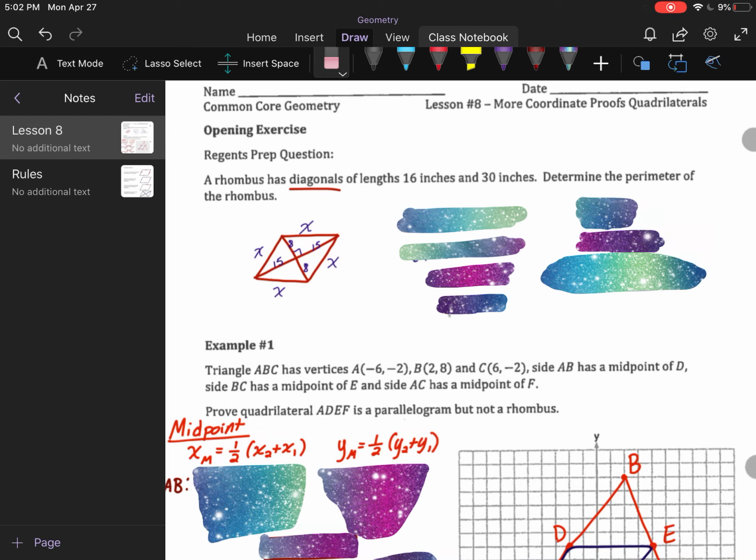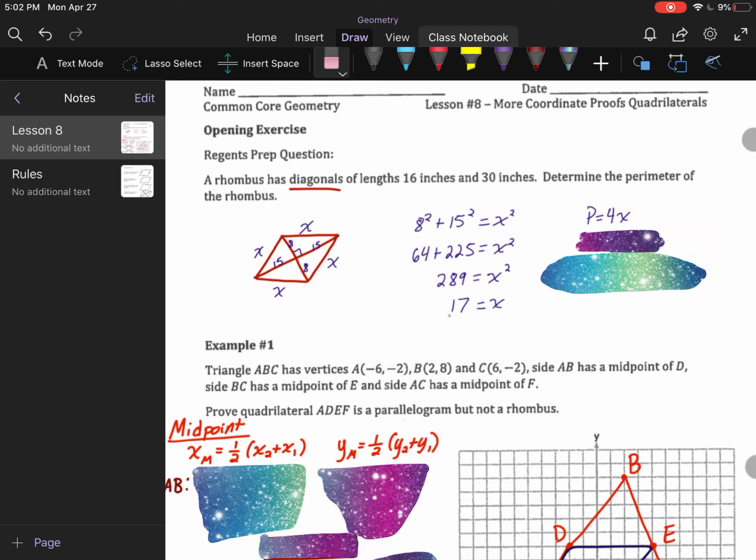And since you have right triangles where you know 2 of the sides and you're looking for the third side, that means you can use the Pythagorean theorem. So you'd use Pythag to figure out what x is, which is the outside piece. And since we're doing the perimeter, you're going to have to multiply that times 4. So it's going to be 4 times 17, and that's going to give you 68. Okay?